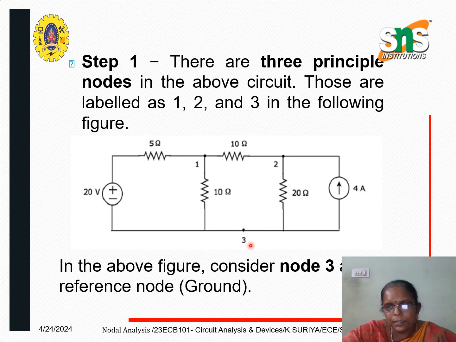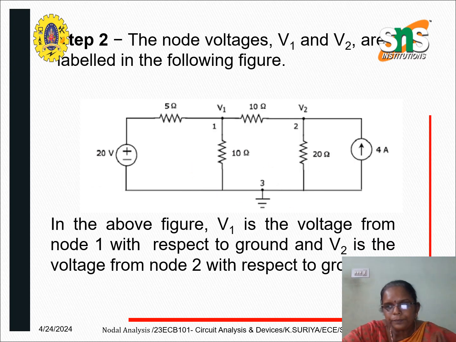We will set node 3 as the reference node, which is ground. Next step is to write the nodal equations at these principal nodes. The voltage at node 1 is V1, the voltage at node 2 is V2. These voltages are with respect to the ground.